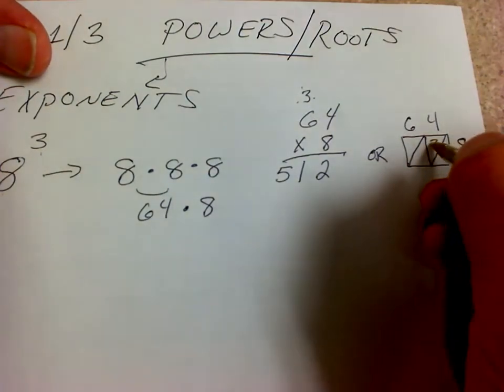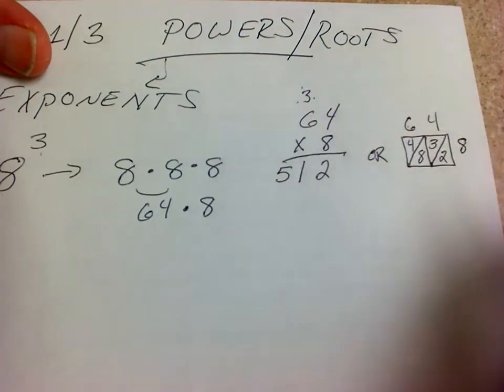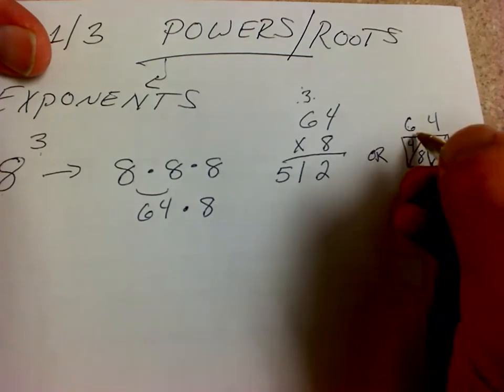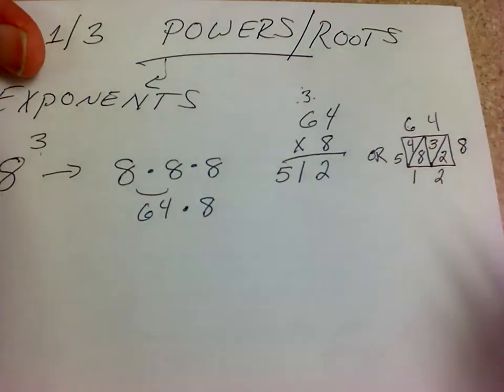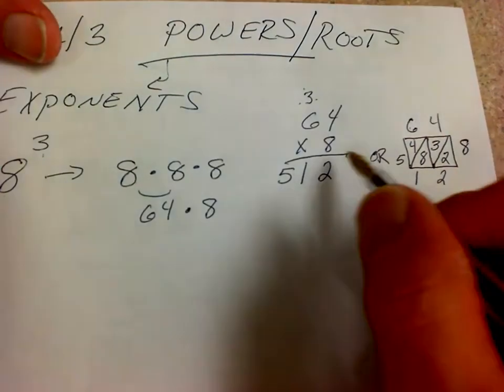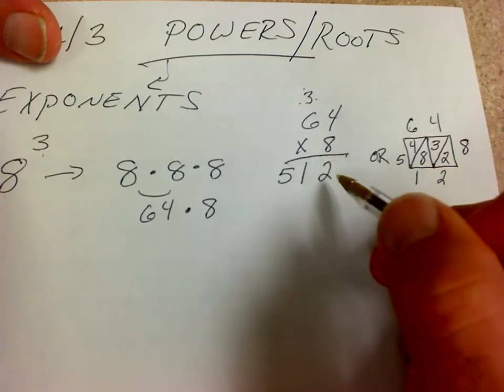With lattice, 8 times 4 is 32, 8 times 6 is 48. Add our diagonals, 2, 11, we get 512 as well. Either version is completely acceptable, but this is not something we know off the top of our head, so we should be seeing this on your paper tonight.